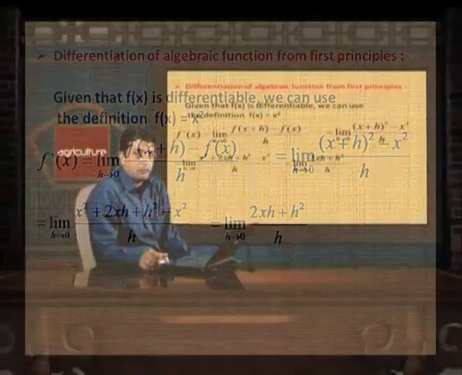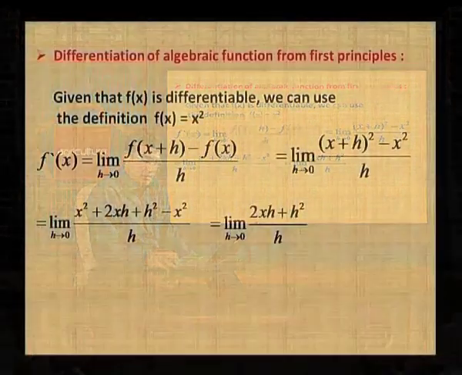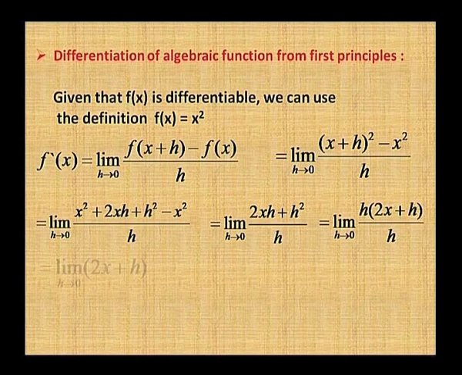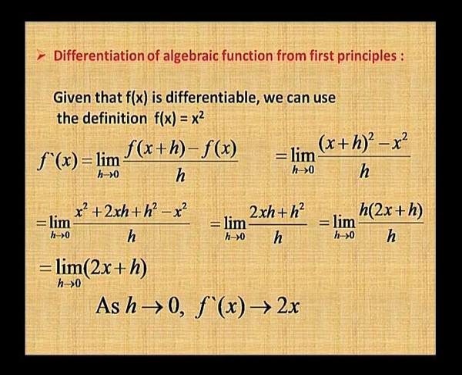The x square terms cancel. Taking h as a common factor, we get limit h tends to 0 of h(2x plus h) divided by h, and finally h cancels out, leaving limit h tends to 0 of 2x plus h. As h tends to 0, f dash x equals 2x.